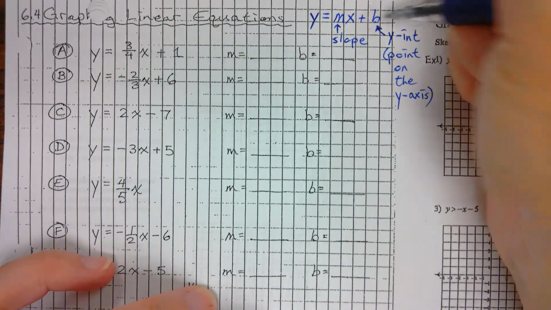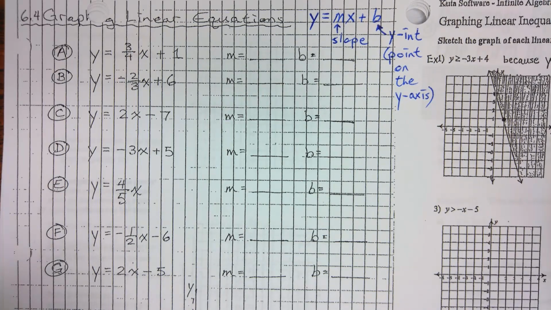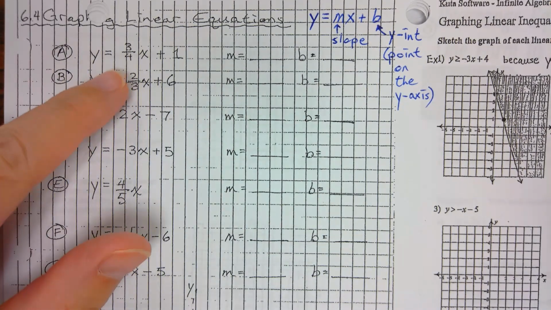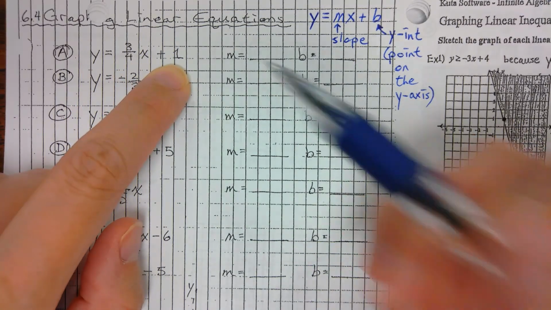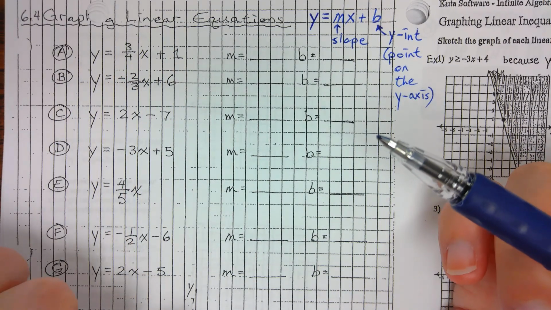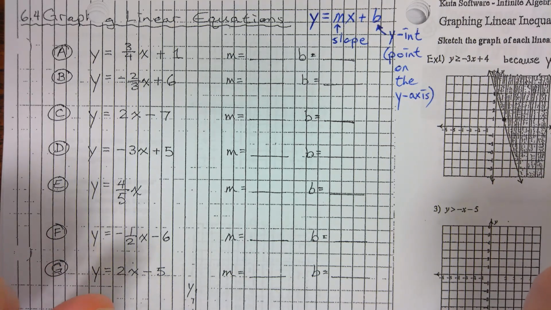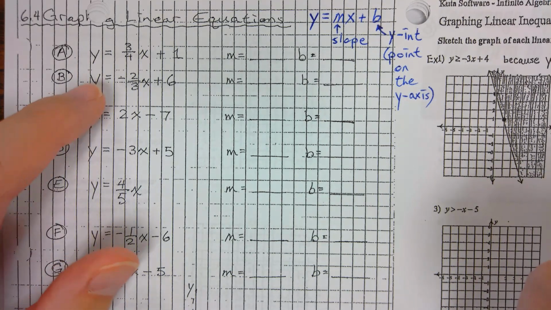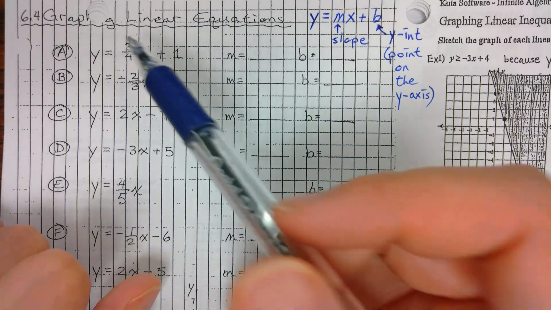Okay. The equation of a line would always follow this format, y equals mx plus b. So in the first equation right here, y equals 3/4 of x plus 1, what's my m? Jason? What's my m? Where did you get that from?